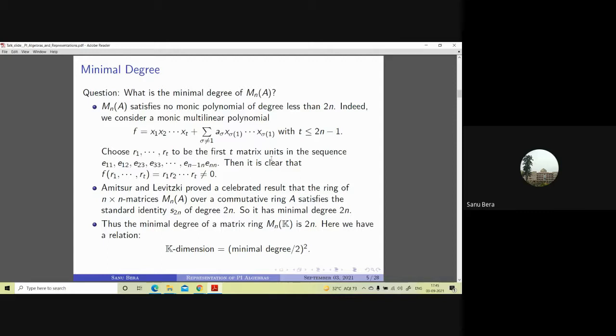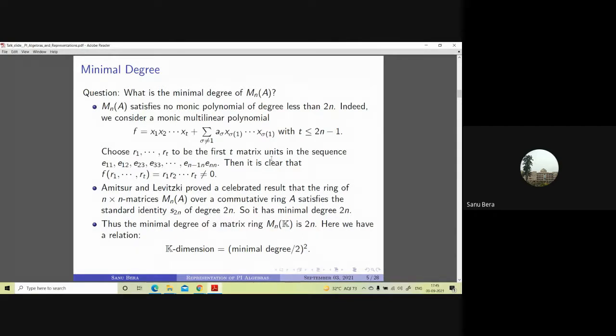Then f evaluated at r1, r2, ..., rt in this arrangement will be non-zero, and any other arrangement of r1, r2, ..., rt will be 0. In this way we can say that the matrix algebra does not satisfy any identity of degree less than 2n.